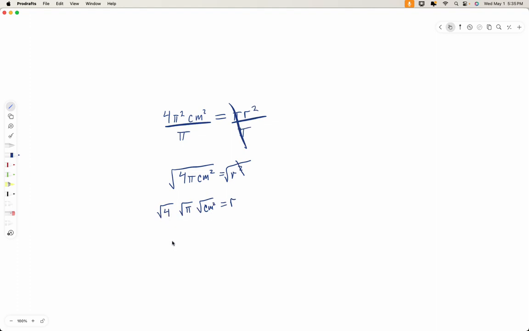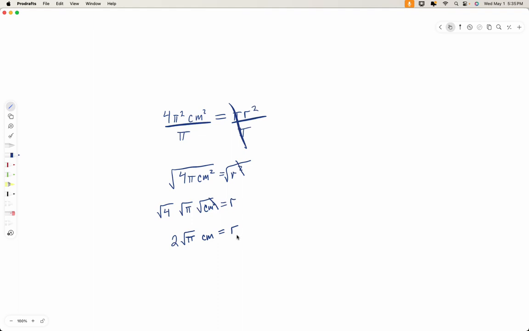Square root of 4 is 2. And we can't do anything with the square root of pi, so it stays the same way. But this cancels this, so then we have centimeters by itself. So 2 times square root of pi in centimeters is the length of the radius that we're looking for.